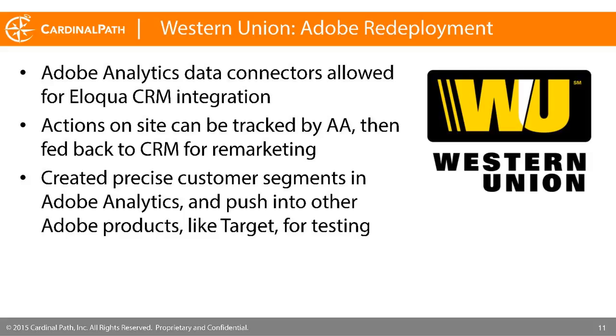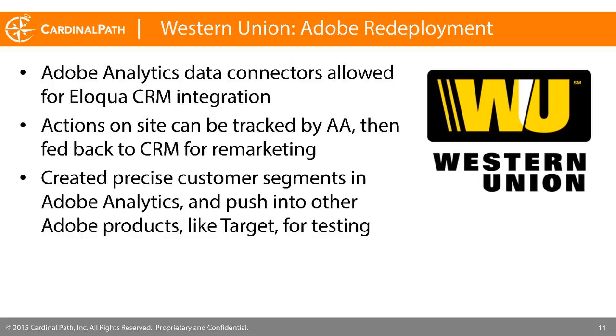So another case study and example here is Western Union. They redeployed their own Adobe Analytics solution to get more business value. They brought us in, Cardinal Path, to help them build out a measurement framework based on business needs, and then translate that into an Adobe Analytics deployment.